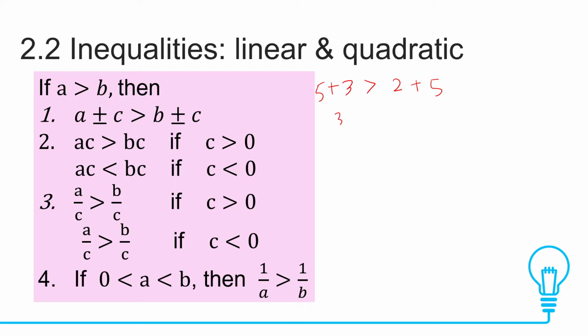Same thing if you subtract: 3 minus 5 is greater than or equal to 2 minus 5. The sign will not change.